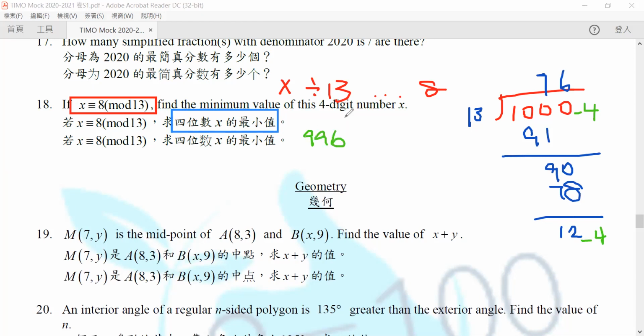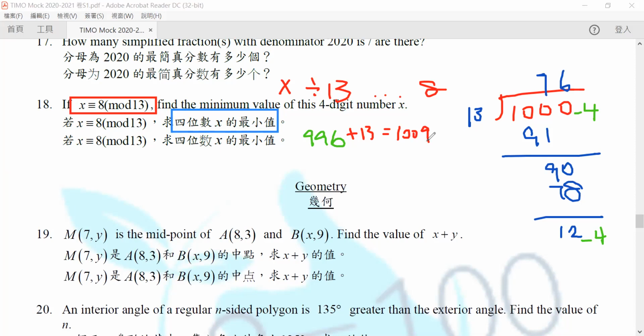So the smallest number should be 996 plus another 13, which gives us the result: 1009. This number, when divided by 13, will give you a remainder of 8, because 1001 is actually divisible by 13.